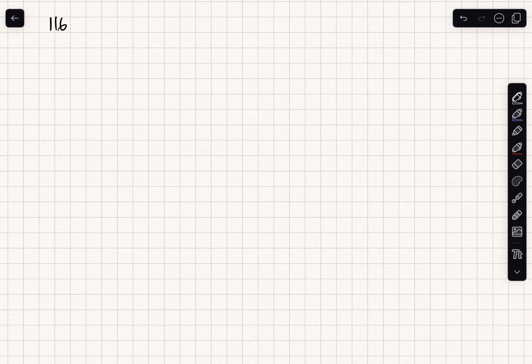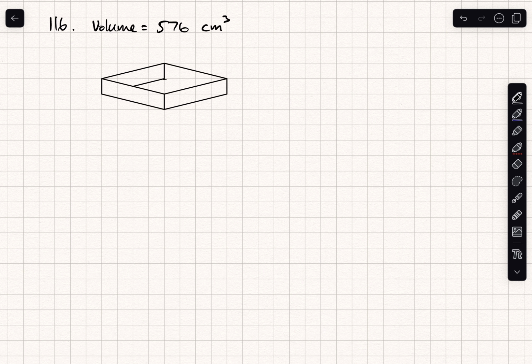For 116, I'm trying to construct a box with volume equal to 576 cubic centimeters. So my base of the box is X centimeters. And I'm going to cut out a 4 centimeter notch from each corner to fold up and make the box.